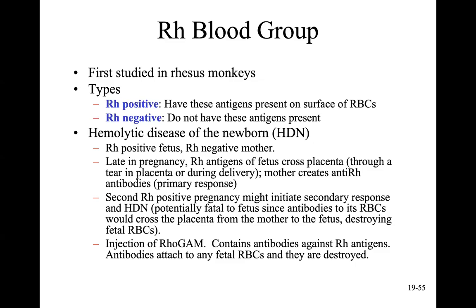When you are RH positive, you don't have to worry. RH positive means that you have the RH antigen, and the antigen is a receptor. So if you already have the receptor, will you make antibodies to it? No, because if you did, those receptors would have been destroyed by our antibodies and you would have died already.